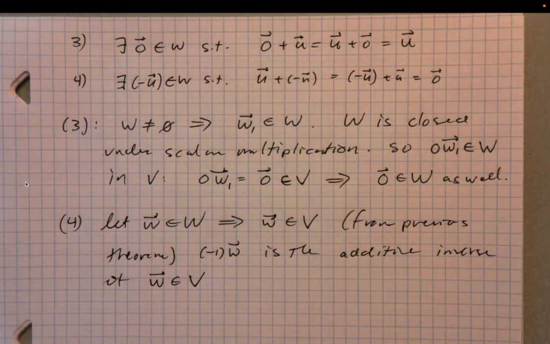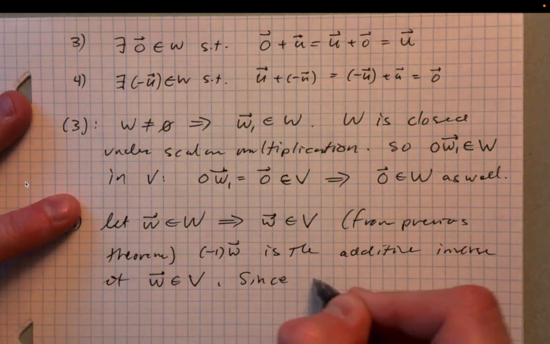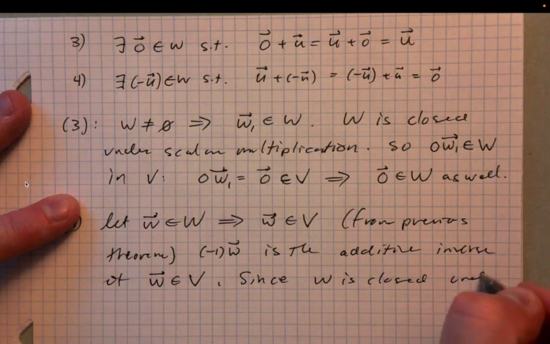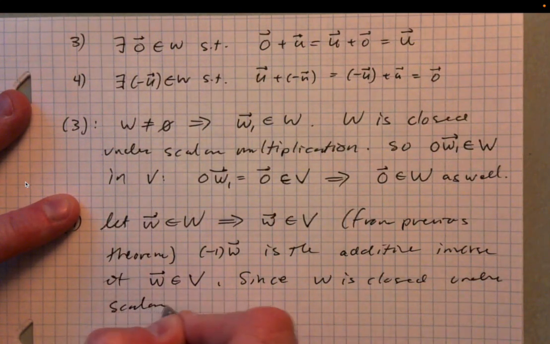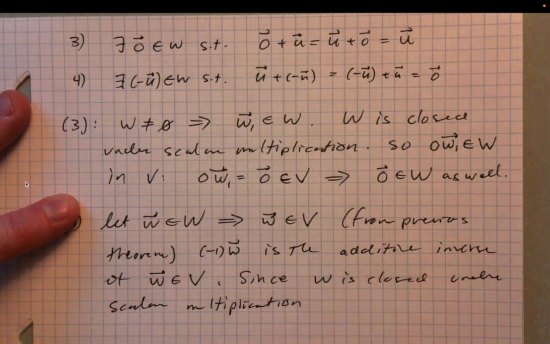Now, since W is closed under scalar multiplication, that closure property that we've assumed tells us all we need to know. What do we get?